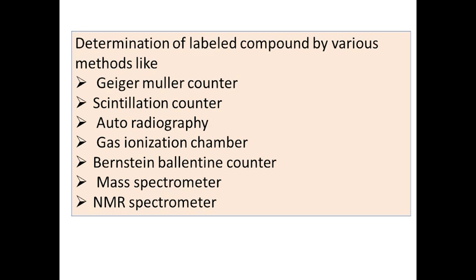Geiger-Müller counter is an instrument which is used for detecting and measuring ionizing radiation. So whatever ionizing radiation is produced from that label compound is detected and measured by using this Geiger-Müller counter.